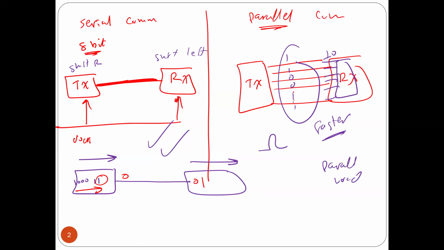Usually communication in any computer system uses either serial or parallel. I just want you to understand the role of registers. If I have a parallel load, I can write the 8 bits together using only one clock. Here I can use shift with this register. Any questions?